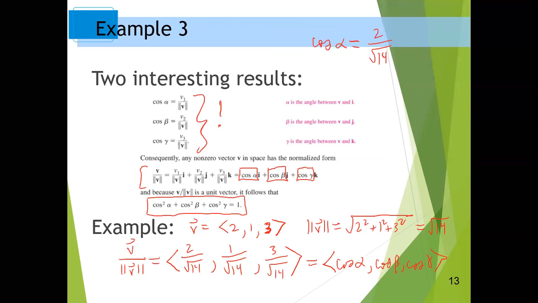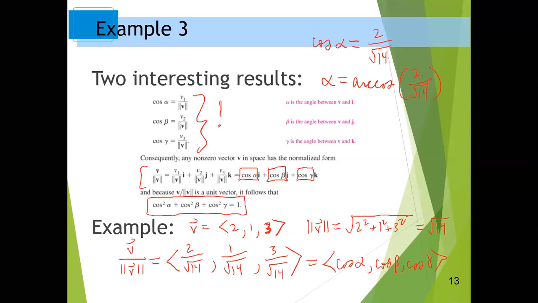So what would the angle be that this vector makes with the positive x-axis? How could I figure out what the actual direction angle is with respect to the positive x-axis? What would I use to sort out what that angle alpha is? Arc cosine, right? Alpha equals arc cosine of 2 over the square root of 14. I could actually solve for alpha, for instance. By the way, I could do the same thing for beta and gamma by using the second and third coordinates of this unit vector, okay?